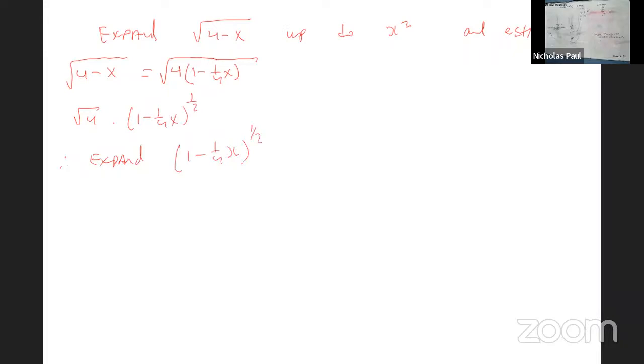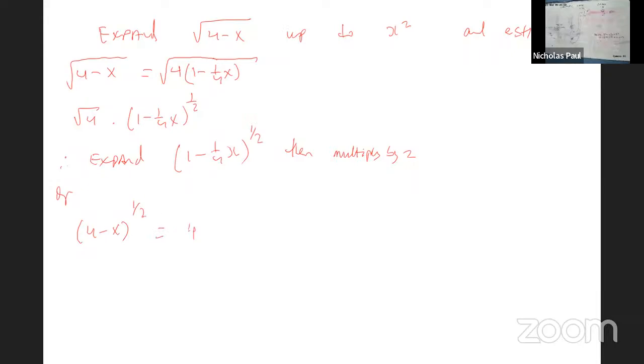Just expand that out and then multiply it by root 4 after. Or you can start right here with (4 - x) to the half and do it from right here.